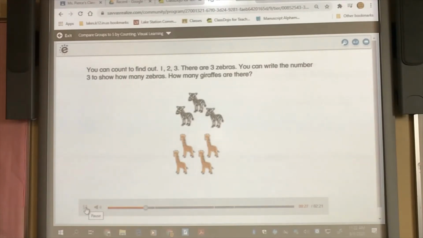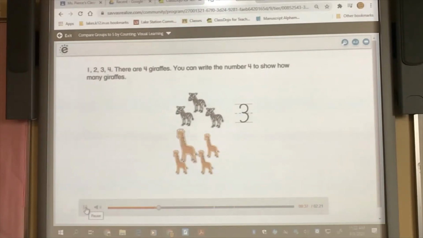There are 3 zebras. You can write the number 3 to show how many zebras. How many giraffes are there? 1, 2, 3, 4. There are 4 giraffes. You can write the number 4 to show how many giraffes.